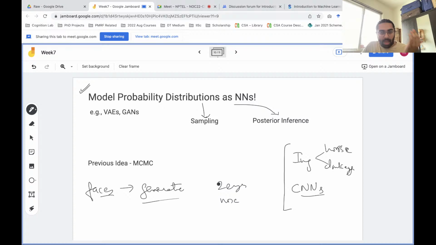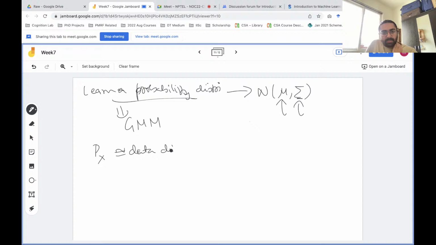Now you say that I have p theta, which is some model distribution, and based on whatever model you choose, you approximate p of x with it. You say p theta and p of x should be as close as possible, which you measure using some metric. So what you end up doing is learning the parameters theta of this model distribution.